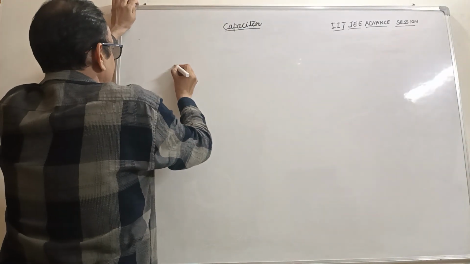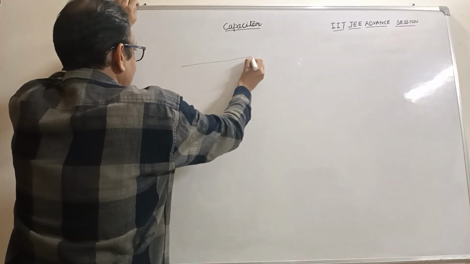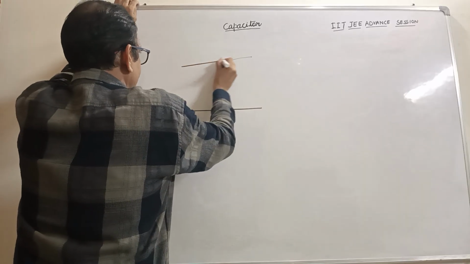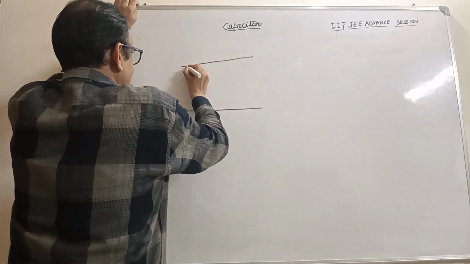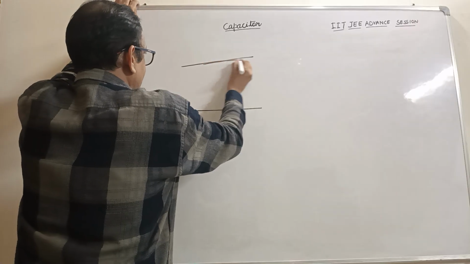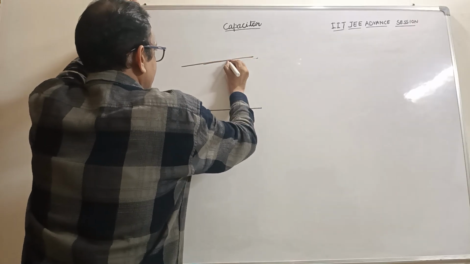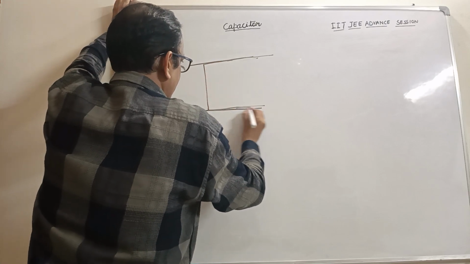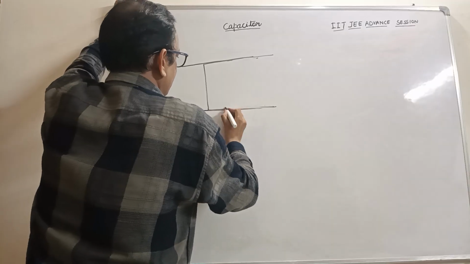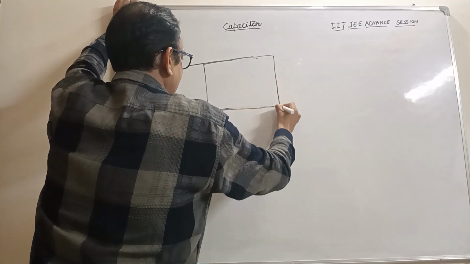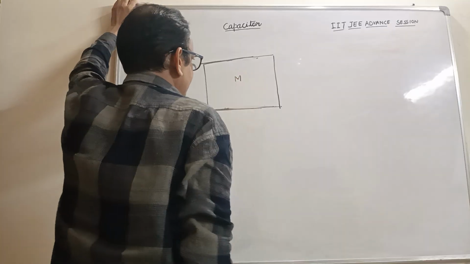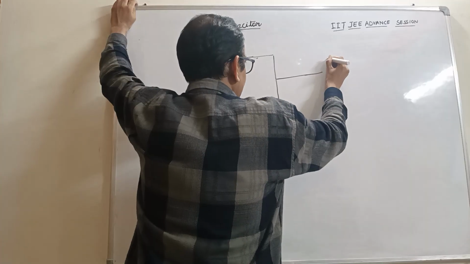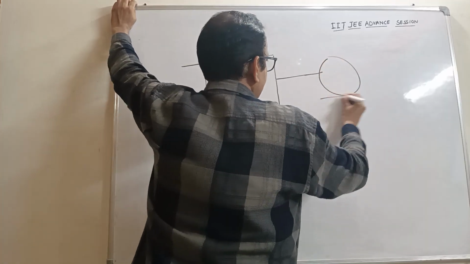Suppose here this is a capacitor, and this is also a capacitor plate, and this is the dielectric material here. This dielectric has mass m, and this is attached with a string.